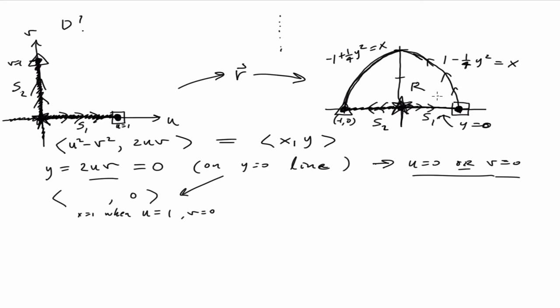All right, we know on this curve that both u and v aren't going to be 0. So now let's look on the 1 minus 1/4 y squared equals x line. We know also that y is equal to 2uv. All right, and then so we can actually solve for v.